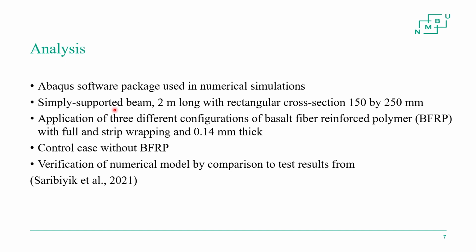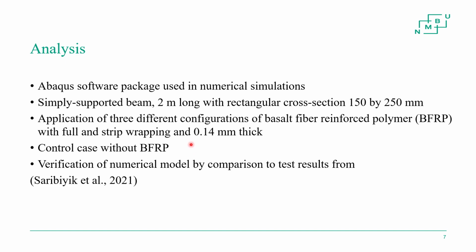The beam examined, made of reinforced concrete, is a simply supported beam, 2 meters in length, and the beam has a rectangular cross section of 150 by 250 millimeters. We applied 3 different configurations of basalt fiber reinforced polymer with full and strip wrapping, and the thickness of the polymer has been equal to 0.14 millimeters.